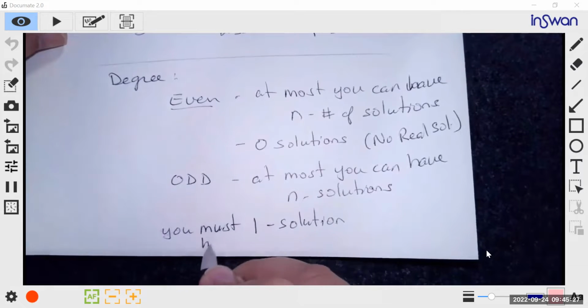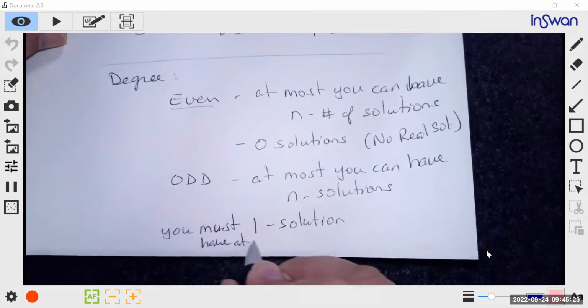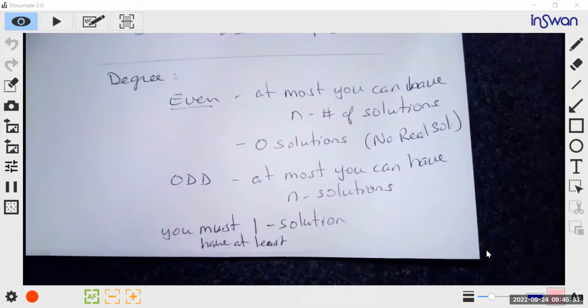You must have at least one solution. Why is it one solution? Well, the line has to cross the x-axis at one point, at least one point. It has to, but why?